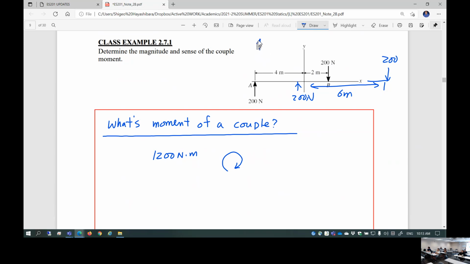Suppose the force is here and there, still the same 6 meter distance. Is it going to make a different moment? No, it's always the same moment. That's why this is a free vector. You can move it anywhere and still create the same amount of moment.